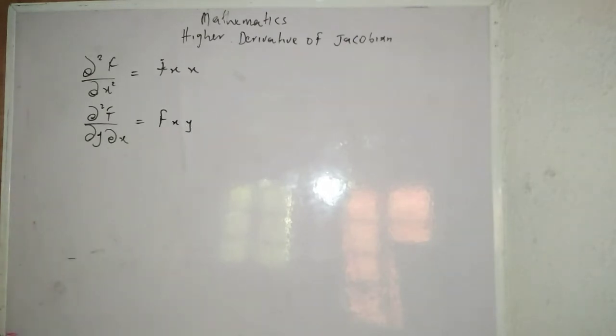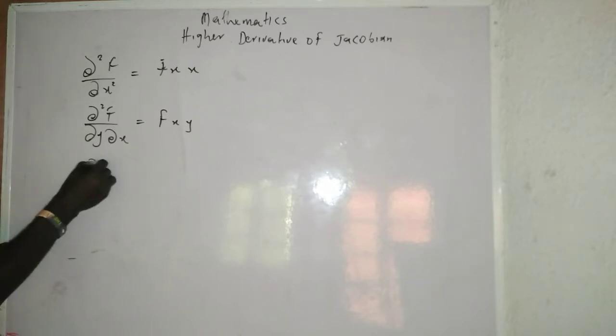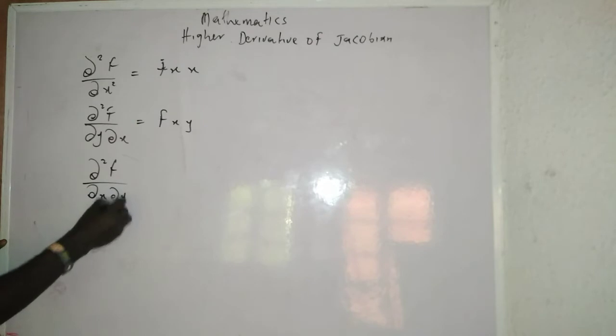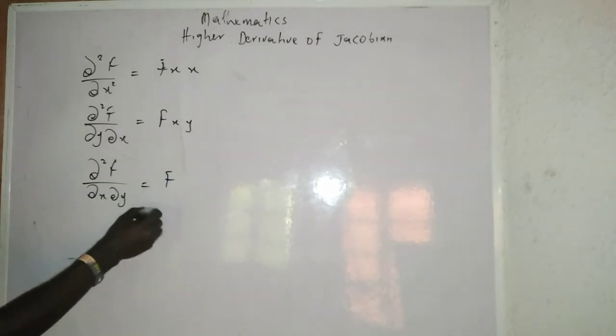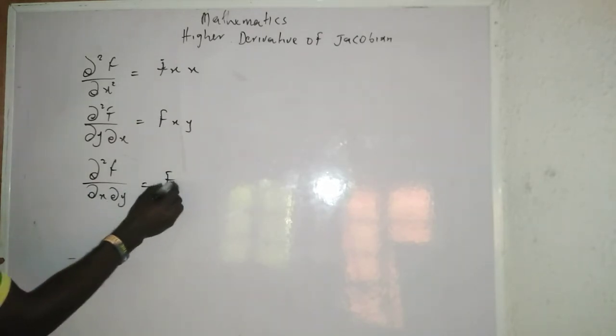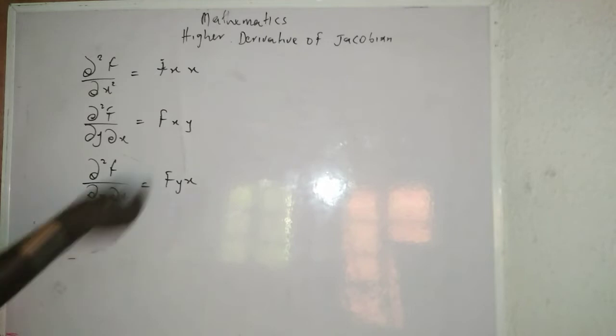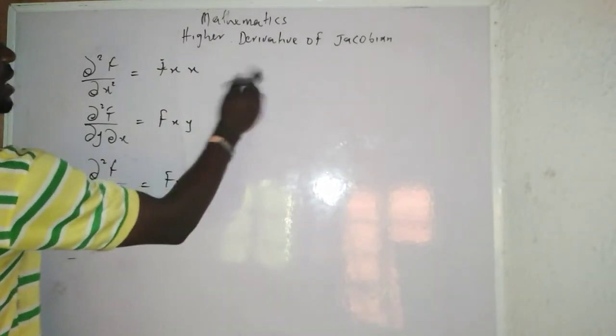It means I will work on x first, and after that I work on y. Also, if I move on to f function of x of y, this is given as f of y of x. It means I work first on y, then I move on to x, and so on and so forth. This can happen like that. It is possible to have something like this.